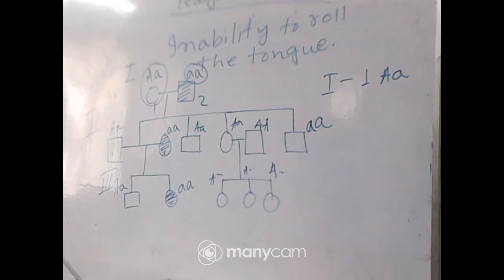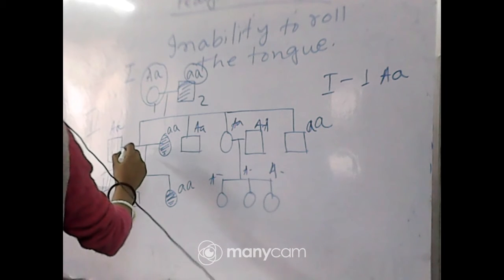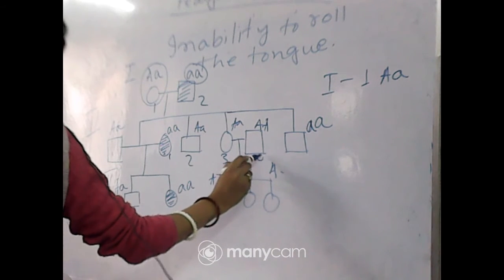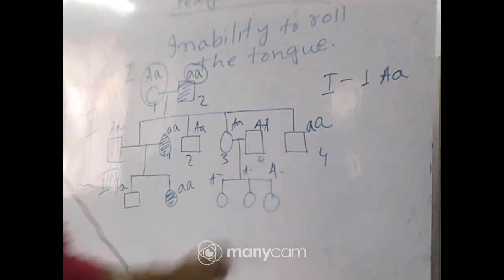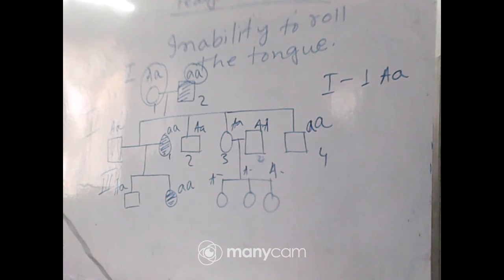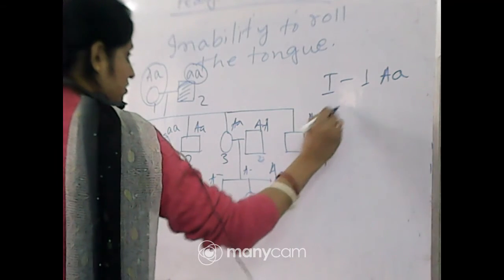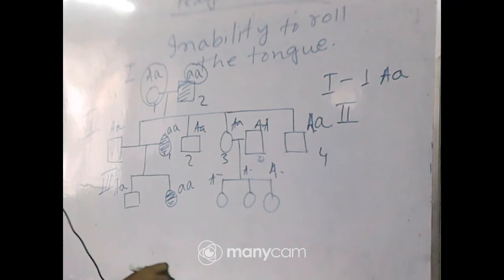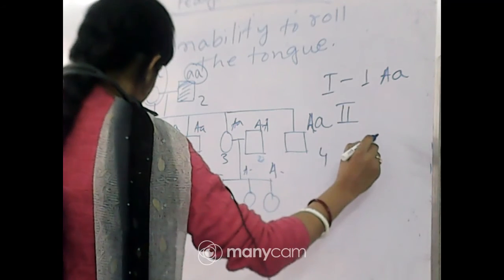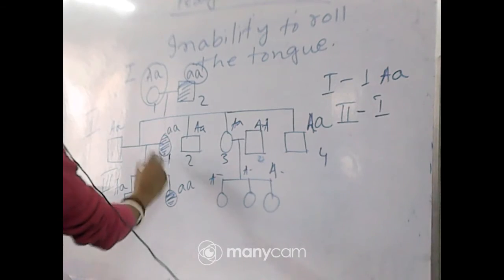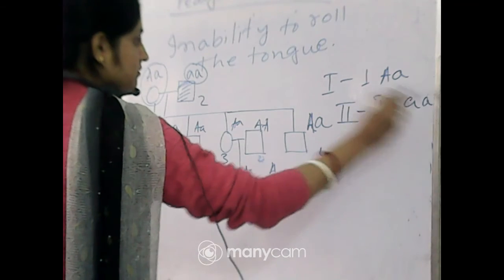You can see the second generation 2, 3 and 4 are heterozygous. This one will be heterozygous Aa. So in the second generation, second generation 1 is homozygous, small a small a.